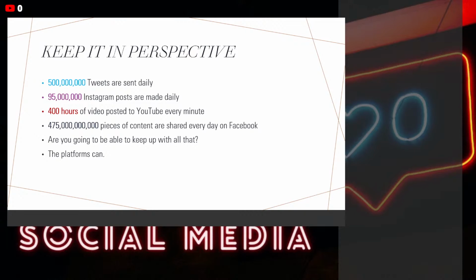So while we can't keep track of all this on our own, we can with the help of the platforms. Which is why data transparency on social media sites becomes exceedingly important. Right?